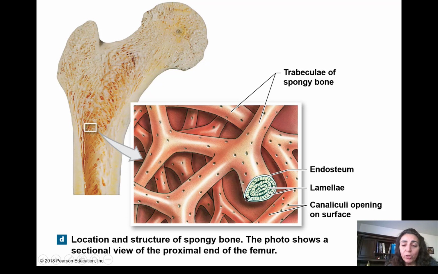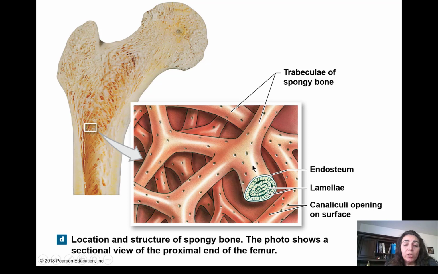Each trabecula, although the cross section may look round or oval, has lamellae layer by layer, osteocytes, and canaliculi, but they do not have a central canal, blood vessels don't pass into them, and they do not have periosteum. Those are the only differences, right?